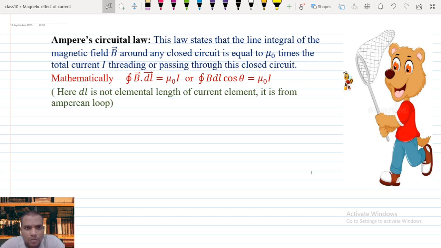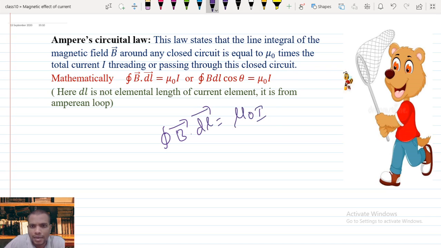In mathematical form, closed integral B bar dot dl equals mu naught I, where I is the current enclosed. To apply Ampere's Circuital law, we need to imagine an Amperian loop.